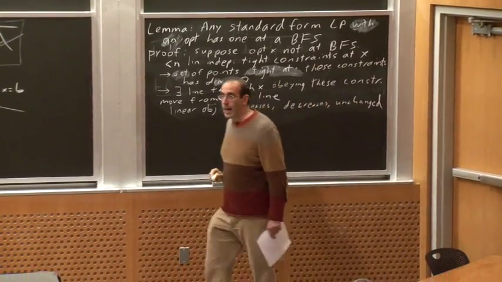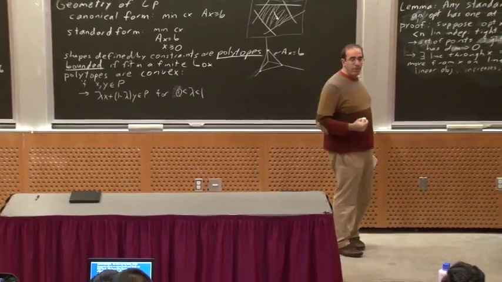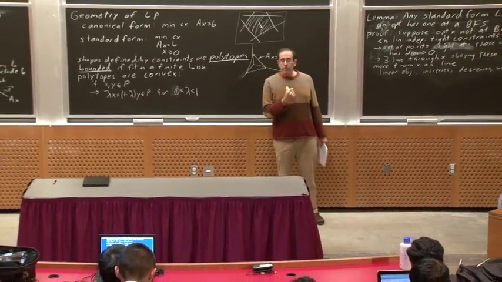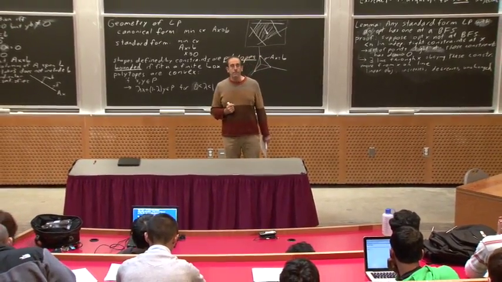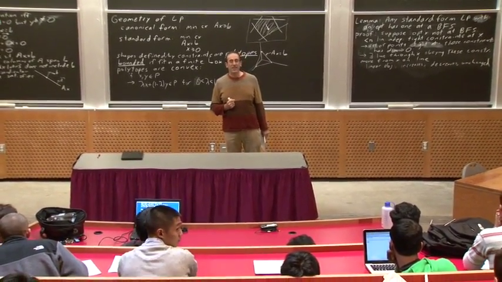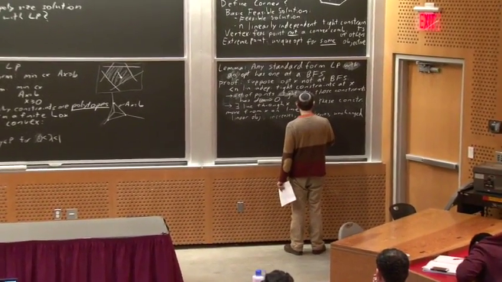Those are the only things that can happen, right? Now, is it possible for the objective to decrease as I move along the line? You're shaking your head. Why not? Because x was an optimum. Right, so I can rule out the decrease because x was optimum.